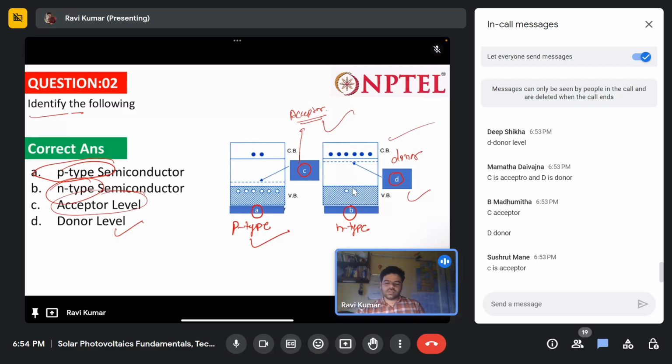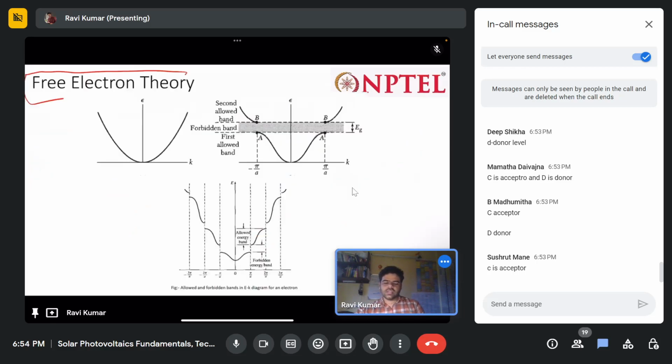Now let's come to the free electron theory. Just let me know the reason why this curve is parabolic.